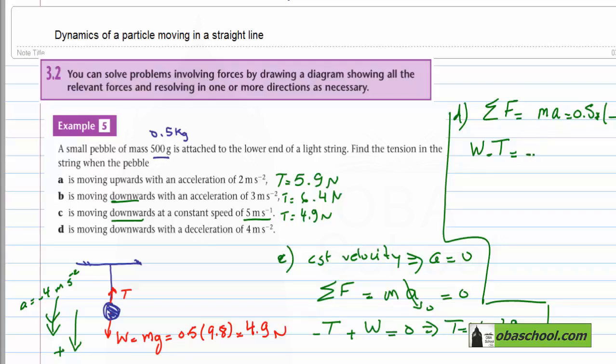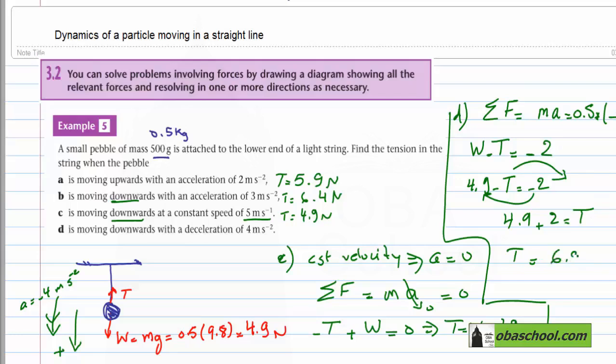Then weight is 4.9 newtons, and there is the negative T, and 4.9 minus T is equal to negative 2. So we move the negative 2 to the left and negative T to the right. Then 4.9 plus 2 is equal to T. Thus, T is equal to 6.9 newtons.